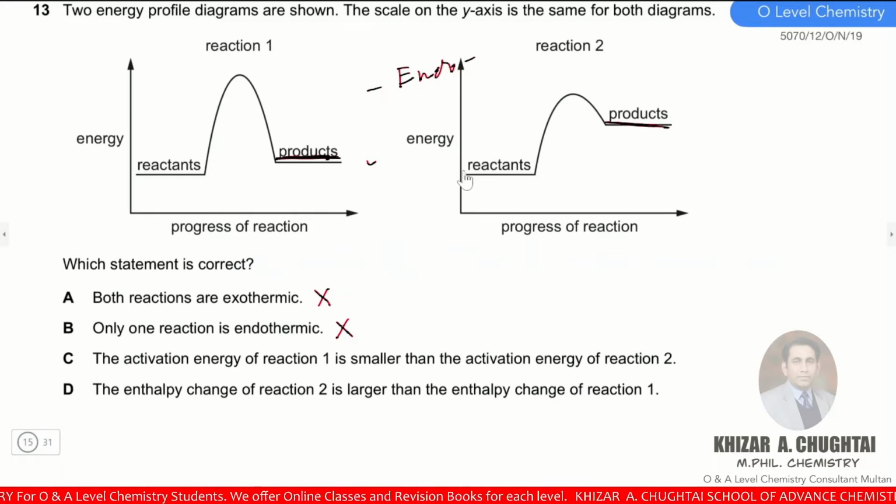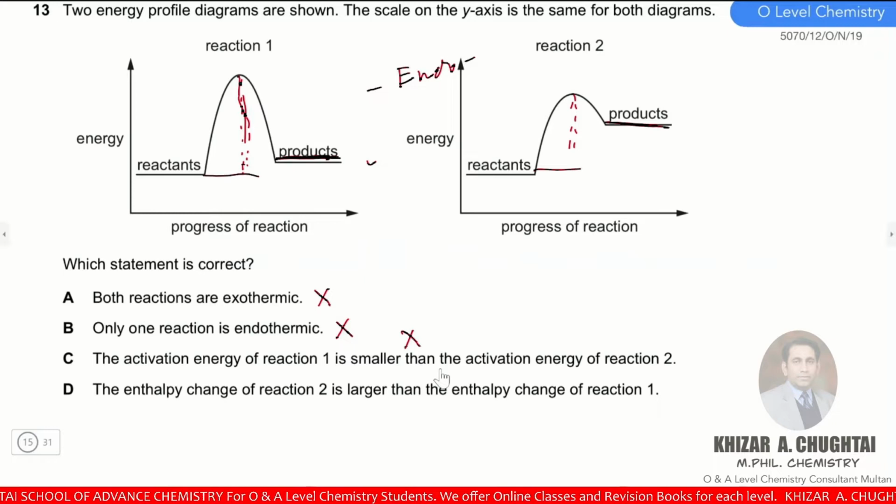The activation energy of reaction 1 is smaller than the activation energy of reaction 2? Energy of activation is over here for reaction 1, and over here for reaction 2. Which one is smaller? No, reaction 1 activation energy is relatively larger than that of reaction 2, so it's wrong.